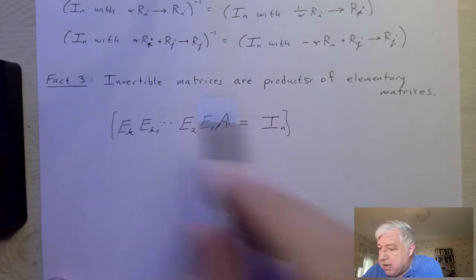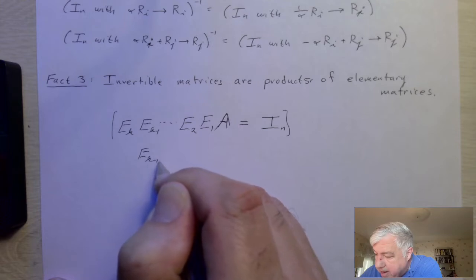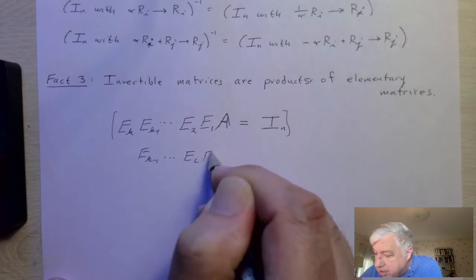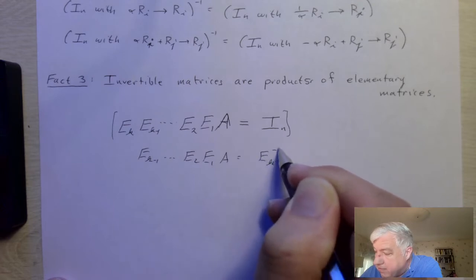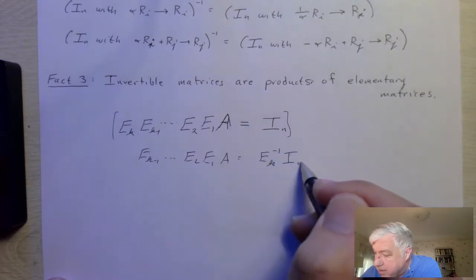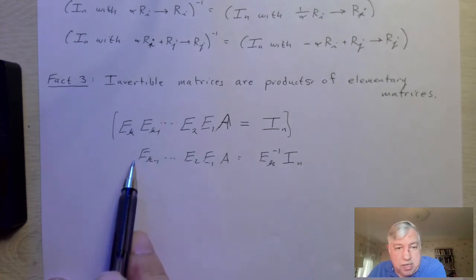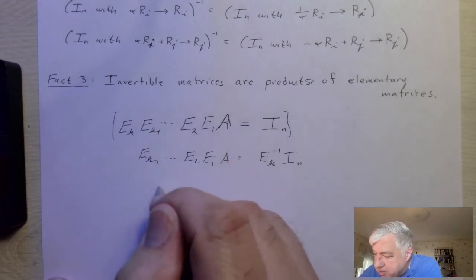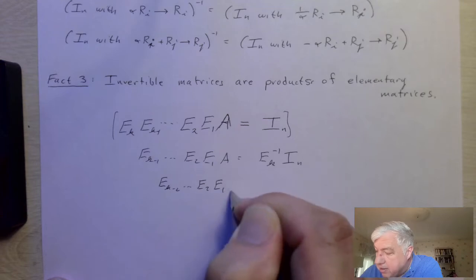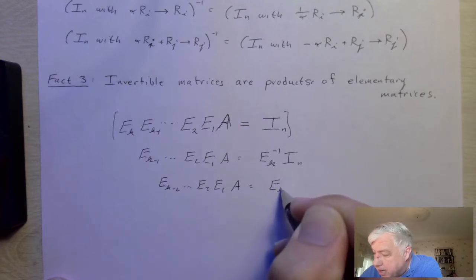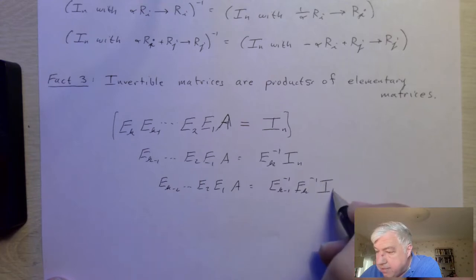both sides by EK inverse. So we get EK minus 1 through E2, E1, A is equal to EK inverse times IN, and then multiplied on the left on both sides by the inverse of EK minus 1, so this will be EK minus 2 through E2, E1, A equals EK minus 1 inverse EK inverse IN.